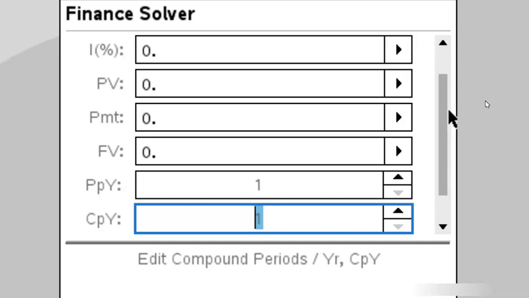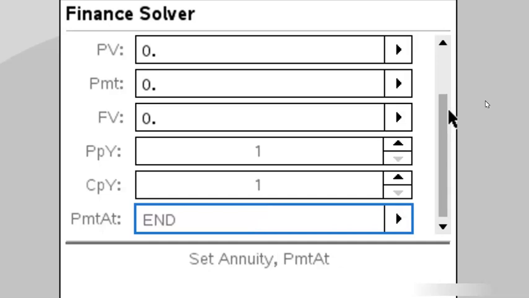So those 2 time periods will always be the same. The final value is asking when is the payment made. In the context of further maths, we are always paying our payment at the end, so after the interest has been calculated. That should always be set as default to end, and there is no need to change that.